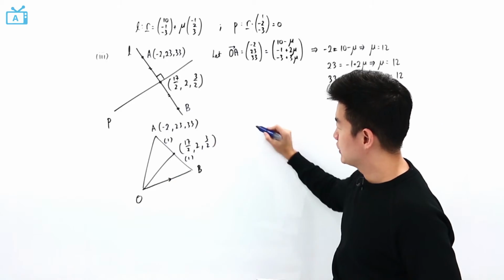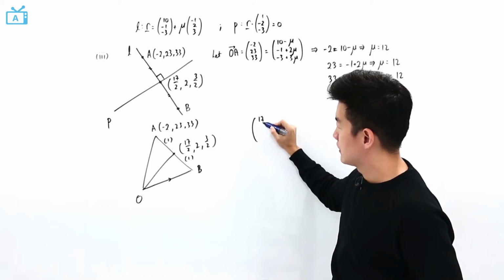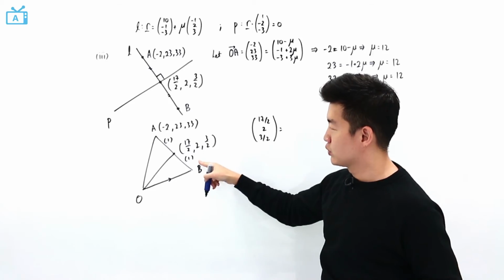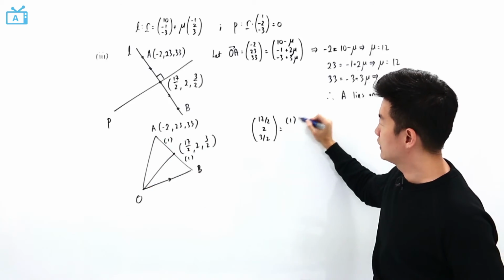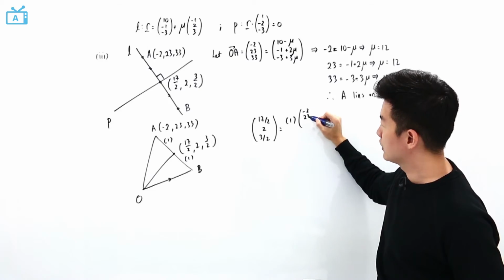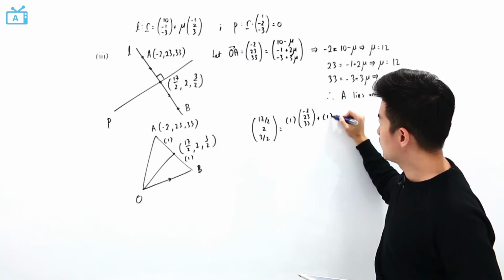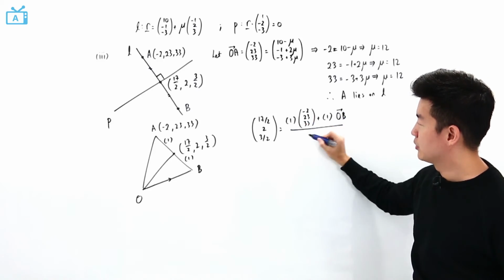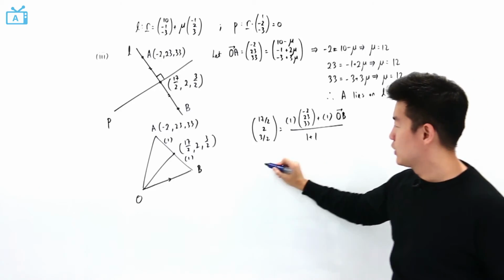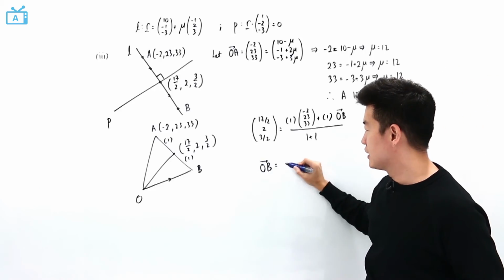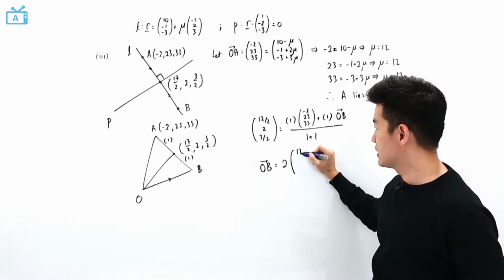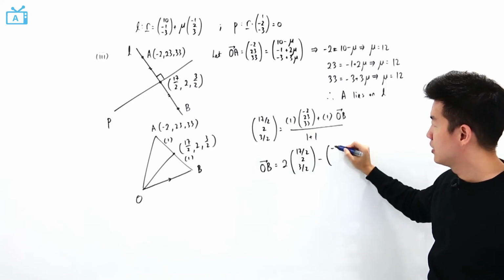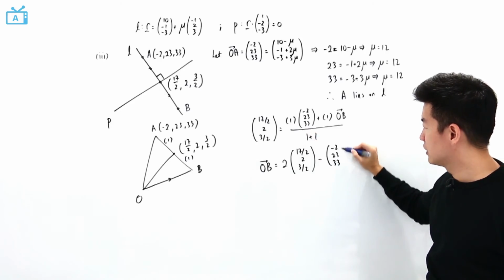So making use of the ratio theorem, that means (17/2, 2, 3/2) is going to be equal to this multiplied by OA. So 1 times OA, which is (-2, 23, 33), plus 1 times OB, divided by the proportions added together, 1 plus 1, which means that OB is going to be 2 times (17/2, 2, 3/2), minus away (-2, 23, 33).